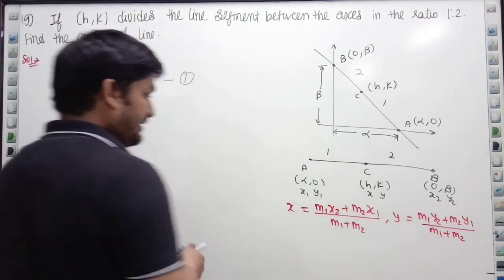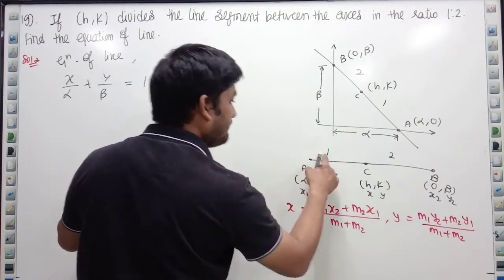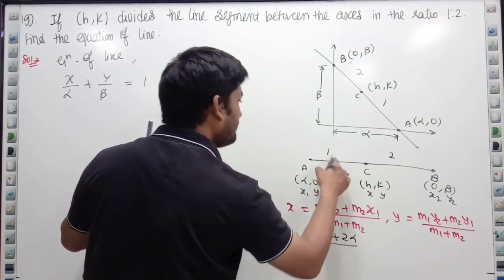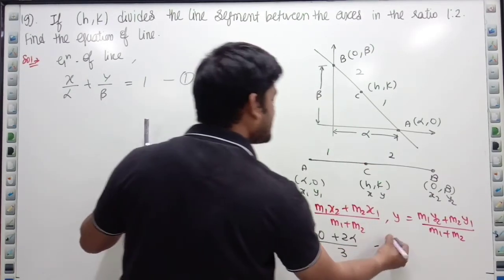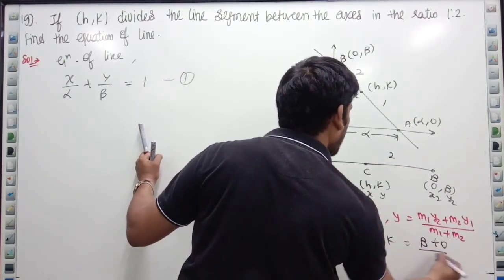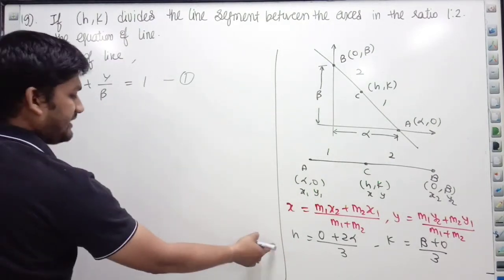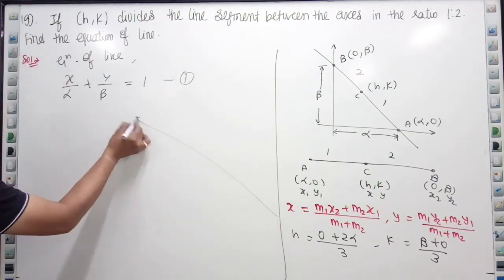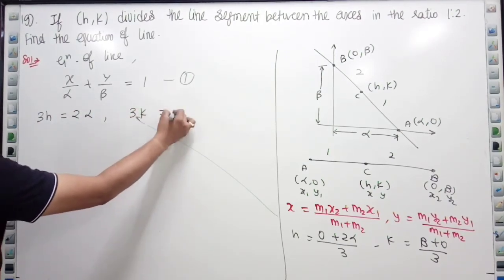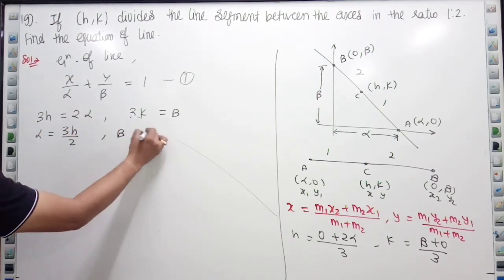So x is h, m1 x2 is 0, m2 x1 is 2 alpha, upon m1 plus m2 which is 3; y is k, m1 y2 is beta, m2 y1 is 0, upon 3. So we have 3h equal to 2 alpha and 3k equal to beta. So I can write alpha equal to 3h by 2 and beta equal to 3k.